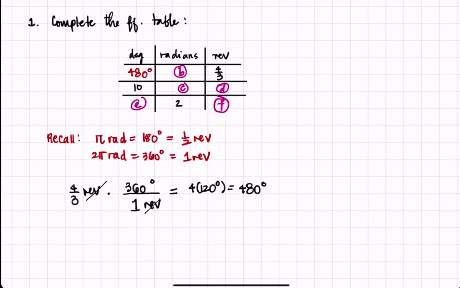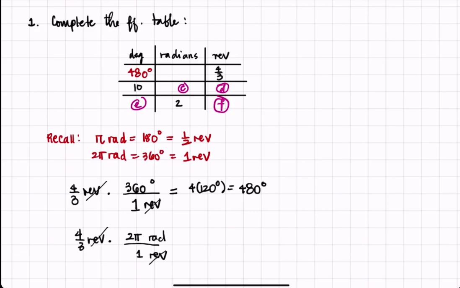Okay. How about in radians? So 4/3 rev. Same process. You multiply by radians on top, rev on the bottom. According to your table, 1 rev is 2 pi radians. 1 rev, and then you have 2 pi here.